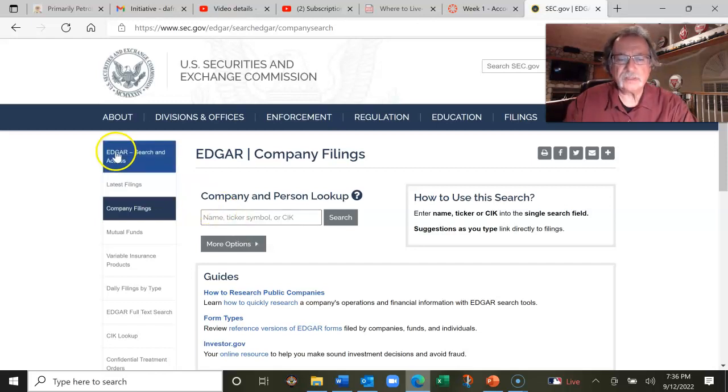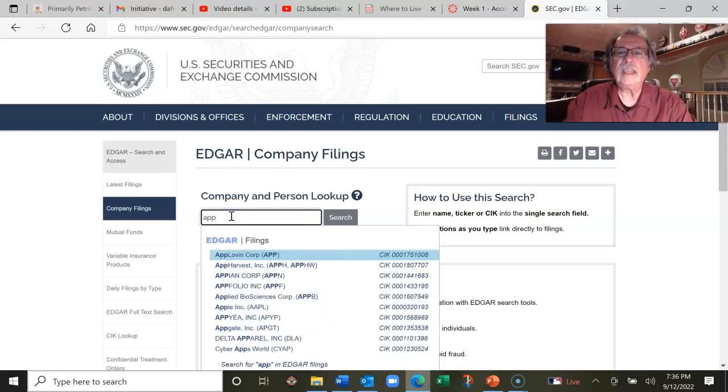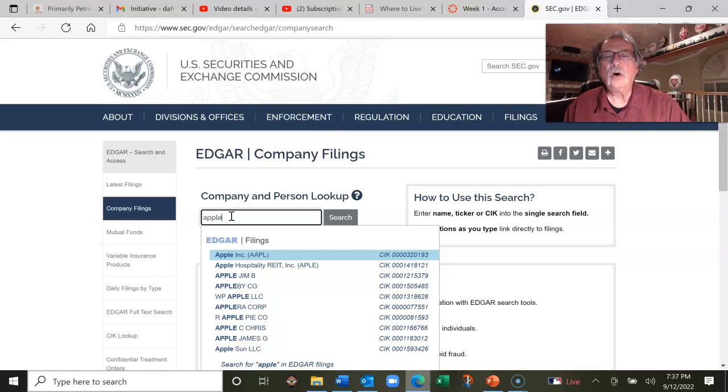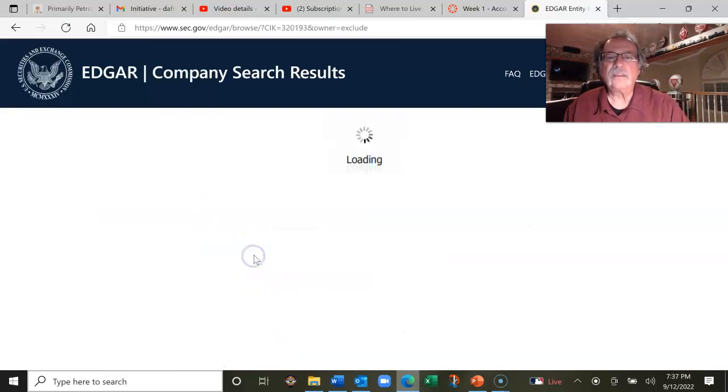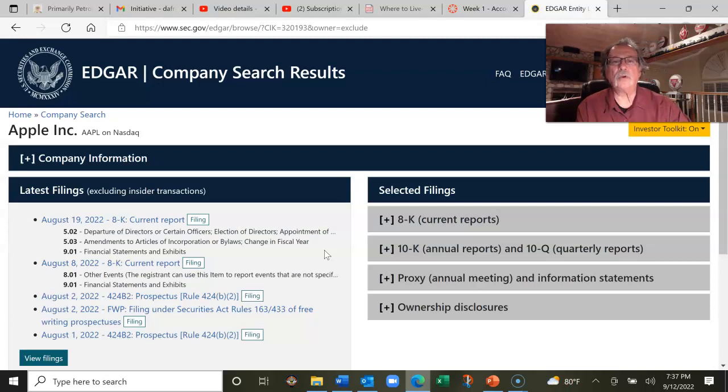Apple's ticker symbol is AAPL, so you could enter AAPL or Apple and click on that. What this brings up is the various reports that you can find.